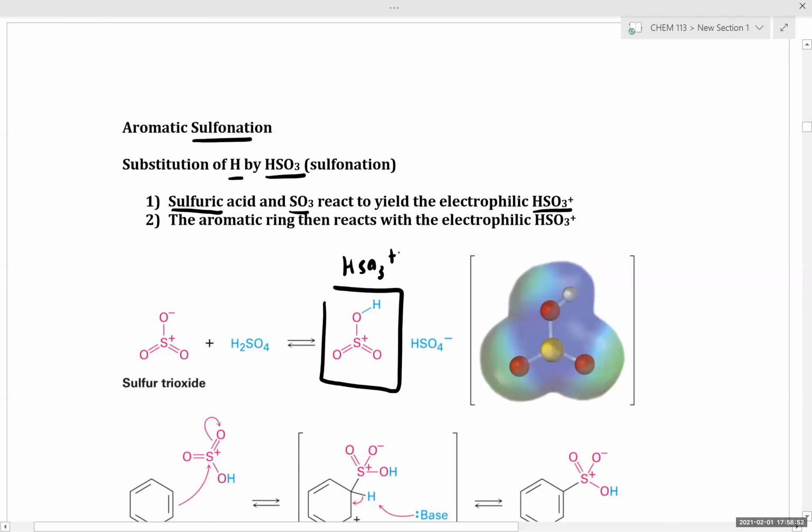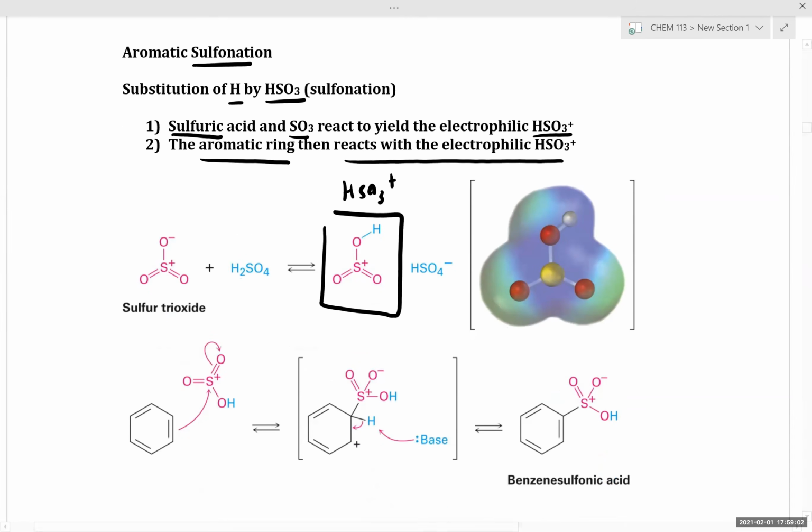Once we've generated our electrophile, the aromatic ring then reacts with the electrophilic HSO3+. Just like before, our aromatic ring attacks our electrophile.